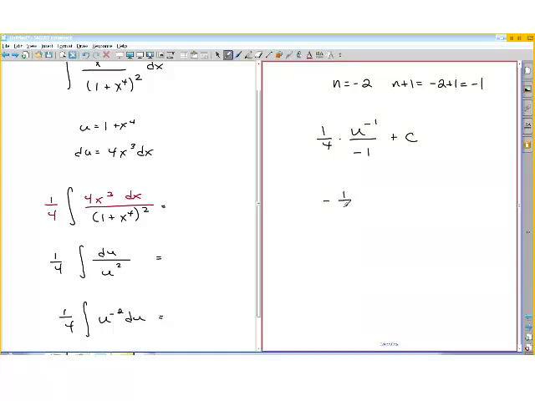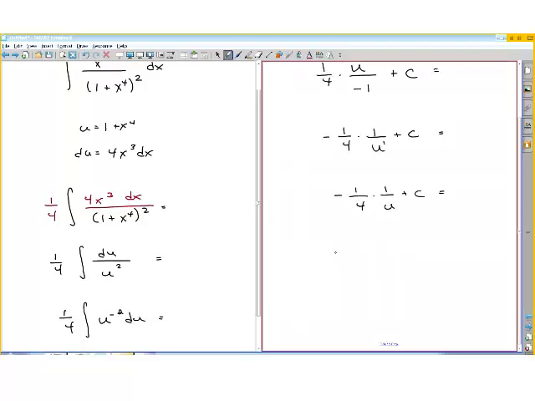which is the same as -1/4. Take the negative and put it there, and we can then move the u term to the denominator. And u to the first power is just u, so we get -1/4 times 1/u.